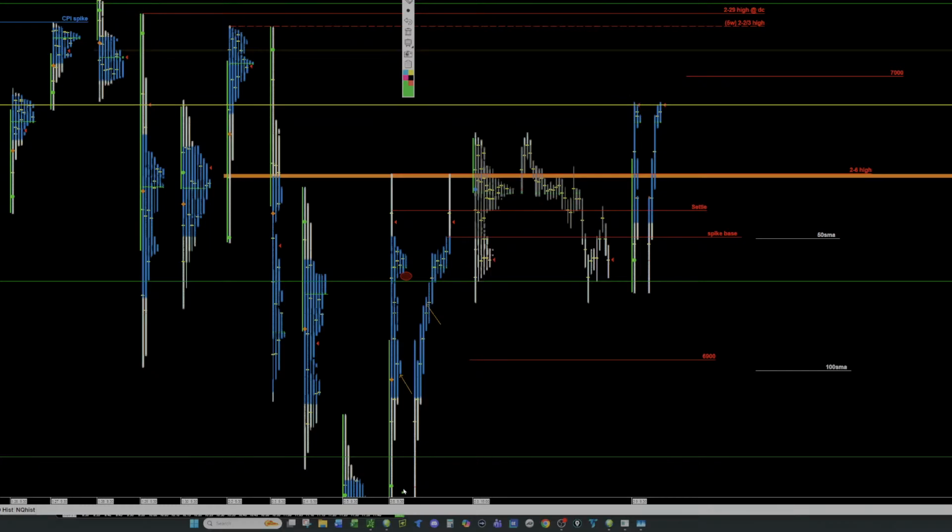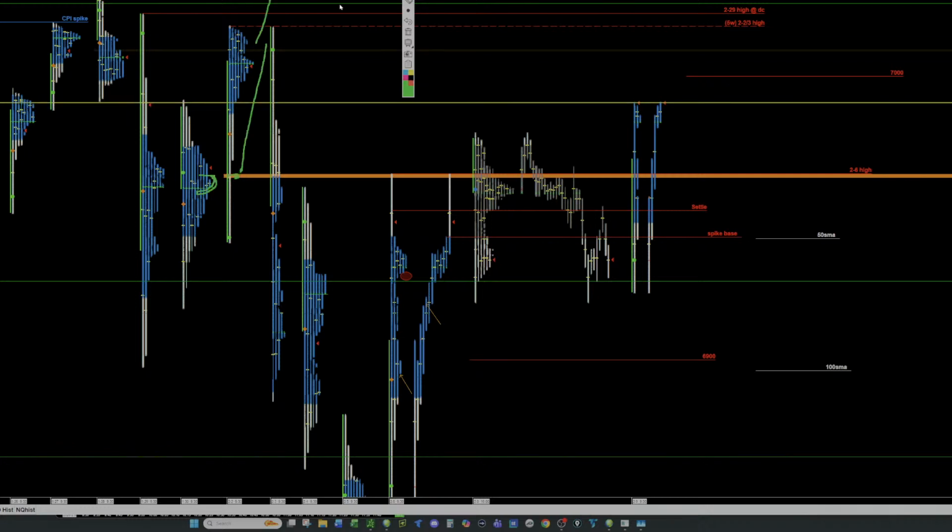As I say, this doesn't have the P formation, but rather it has range extension, and guess what? Where is it being bought? Right here, like this day, when it failed to take this high and to make a new all-time high.